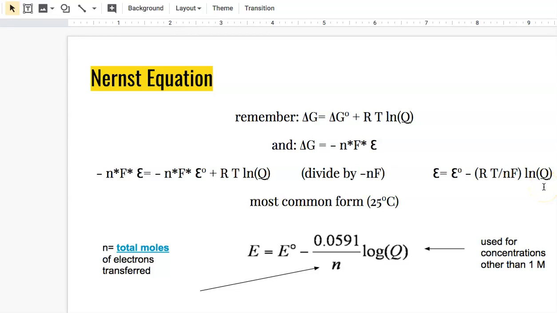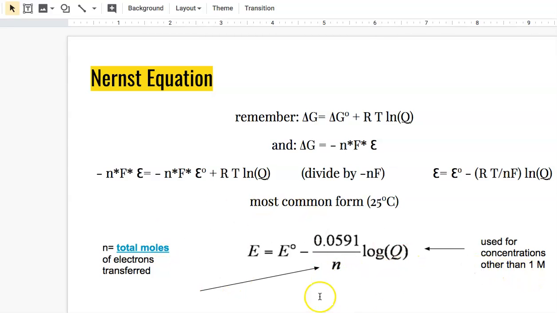But if we're at 25 degrees Celsius, R's a constant, F's a constant, we can plug all those together and instead say E equals E naught minus, this is just the number you get when you put RT and F together, divided by the number of moles of electrons, and then they decided to switch to the log of Q, which is perhaps because when they did this, it was a long time ago and calculators weren't very easily accessed, and doing log base 10 of concentrations was probably easier by hand.